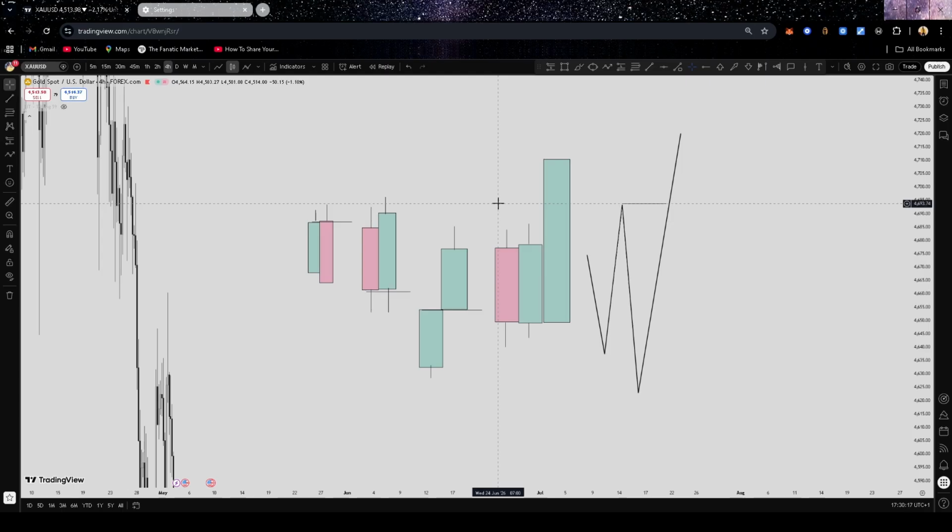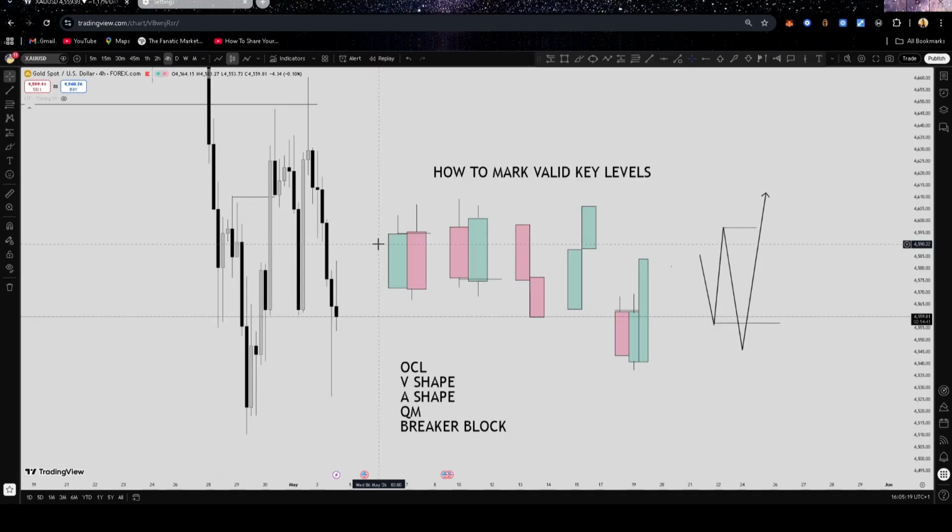This is for both beginner and advanced traders. So I am going to share all the scenarios to complete a valid key level, to trade a valid key level. I'm going to give you all the criteria for these key levels to make them valid, because this will help you filter valid and invalid key levels.